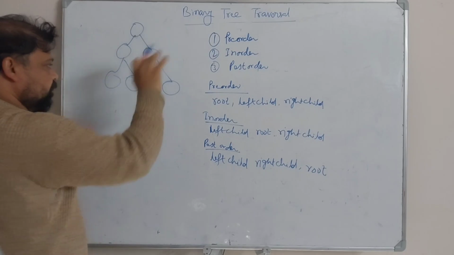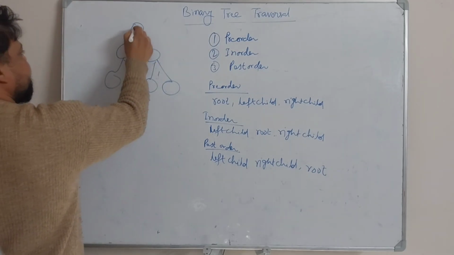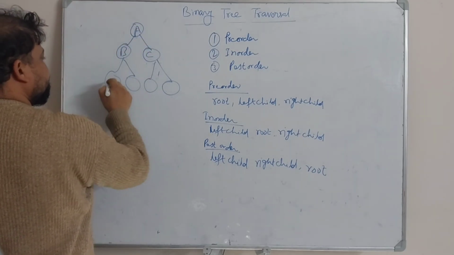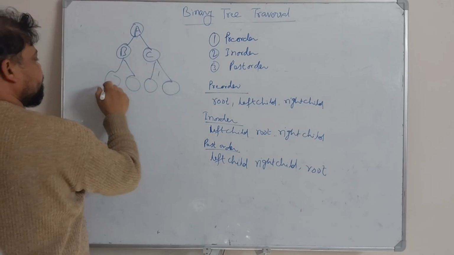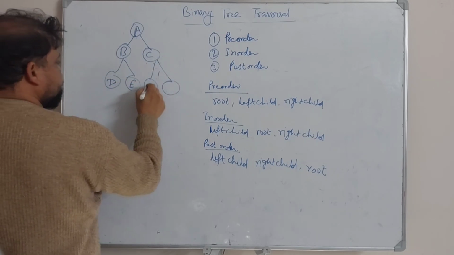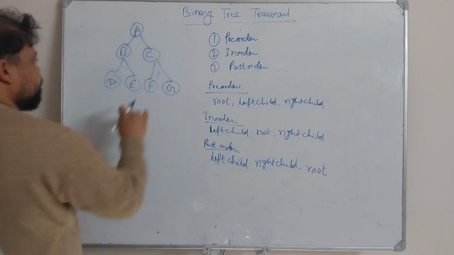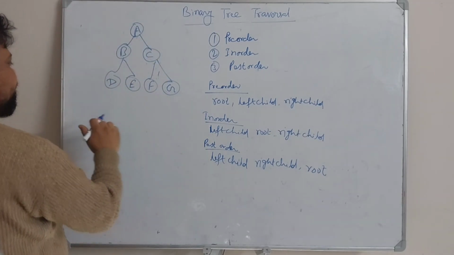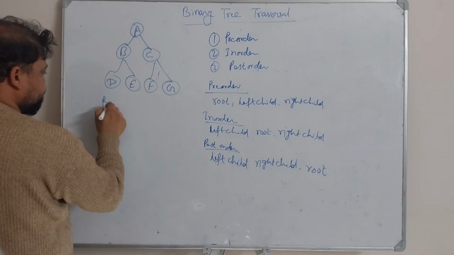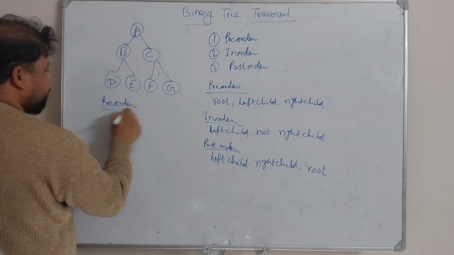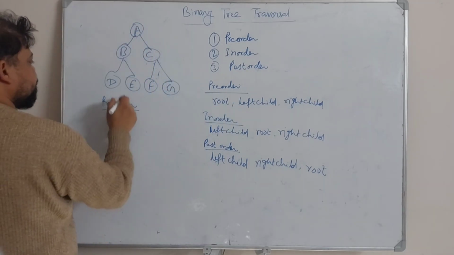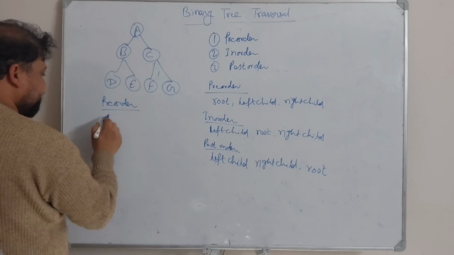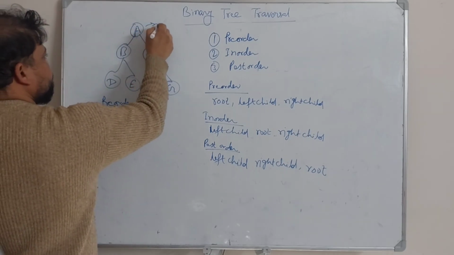So this is the tree, and I have to traverse this tree in in-order, pre-order, and post-order sequence. First of all, I try to traverse in pre-order. In case of pre-order, what will happen? First root. The root is here, that is A.